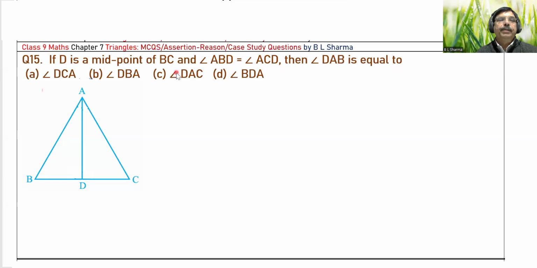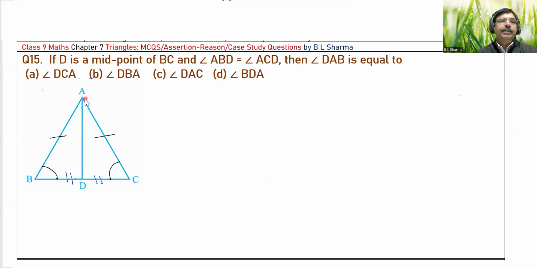D is midpoint of BC and angle ABD is equal to angle ACD, then angle DAB is equal to what? Angle ABD is equal to angle ACD. It is given when two angles of a triangle are equal, then their opposite sides are also equal. So AB is equal to AC and D is midpoint. That is why BD is equal to CD. It is also given.